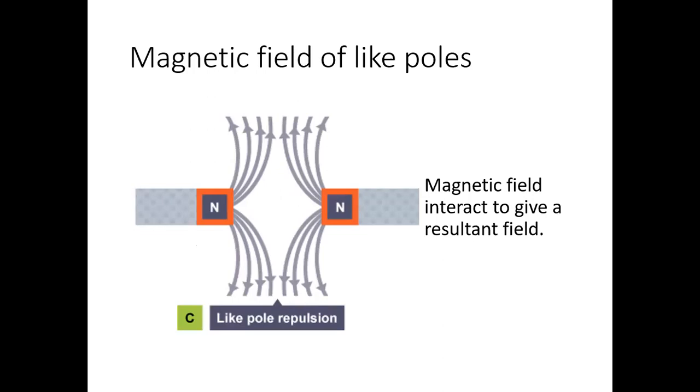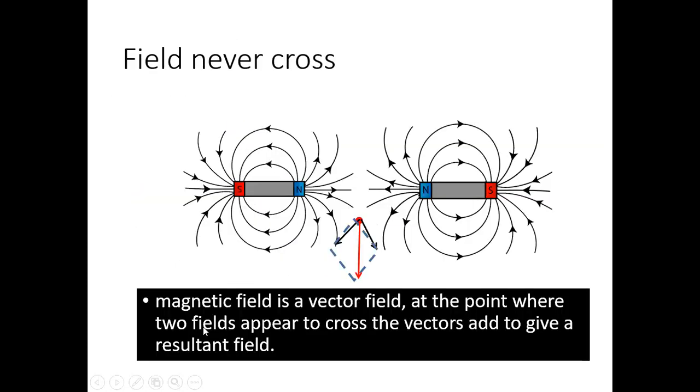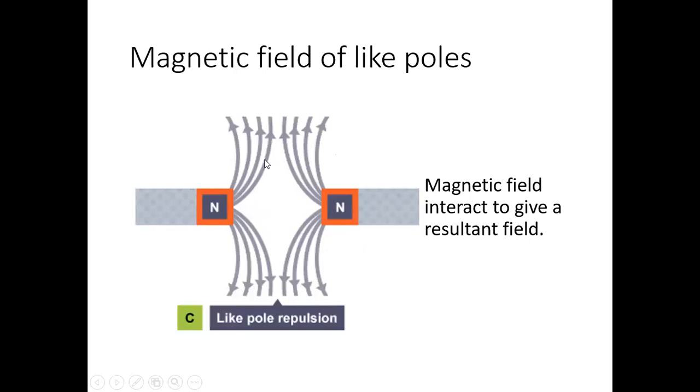They won't cross because the two are vectors, and the two vectors add to give a resultant. So they are repelling each other, going north there. You won't see them crossing. That's the resultant. That's why they are going that way, straight up or straight down.